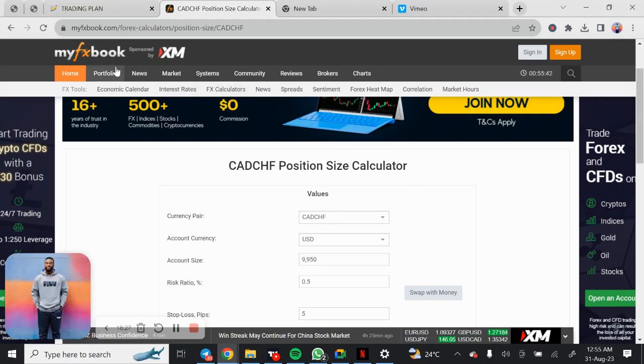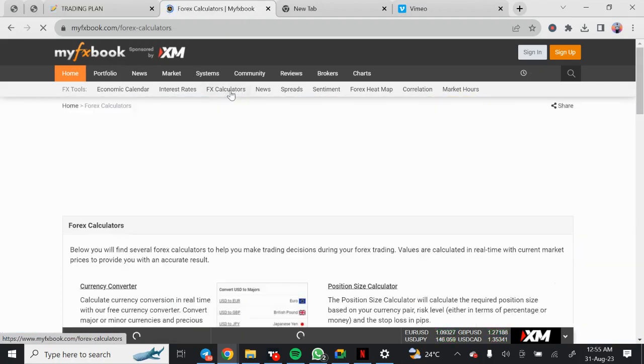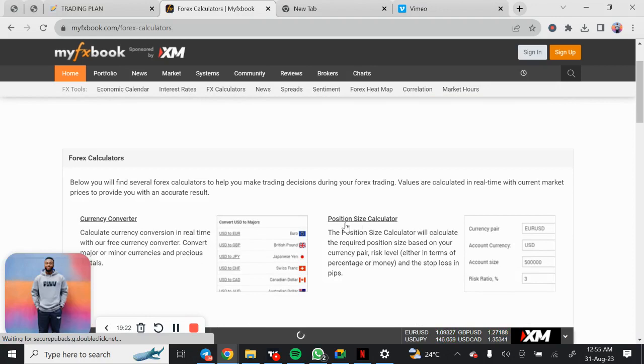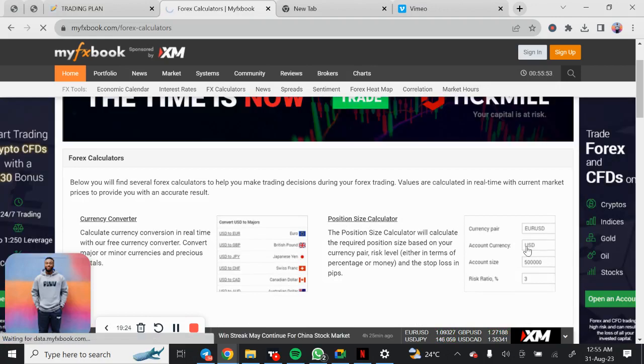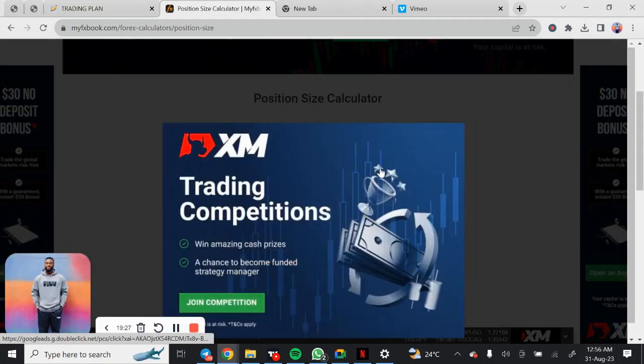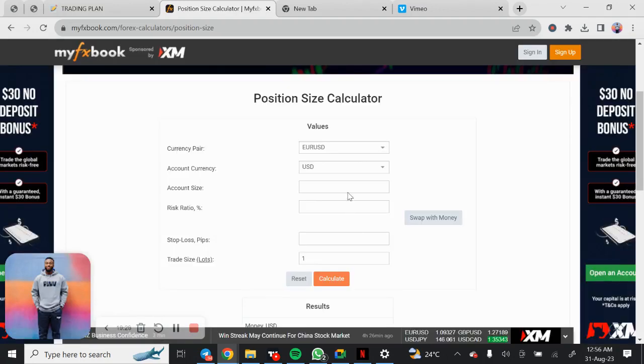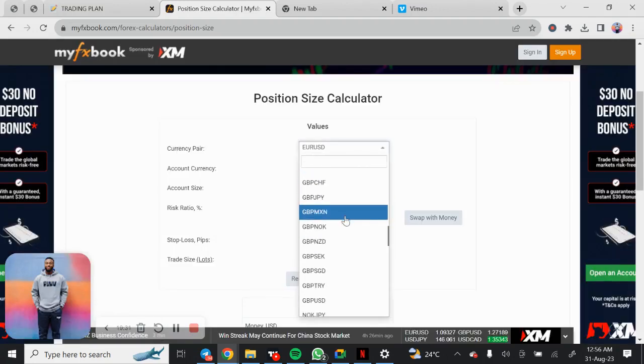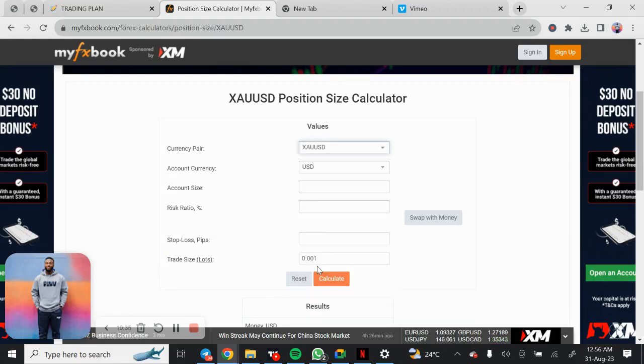When you open my FX book, locate where you see FS calculator. When you go to FS calculator, go to position size calculator and open it. Now, whatever pair you decide to trade, as you can see, this has virtually all the pairs. If it's gold, you can calculate gold as well.